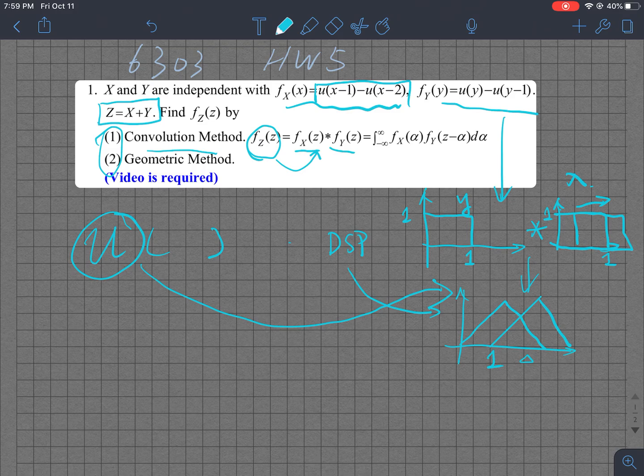So basically we need to treat U with different scenarios, maybe Z minus 1 or something like that. After that we can get the picture here.